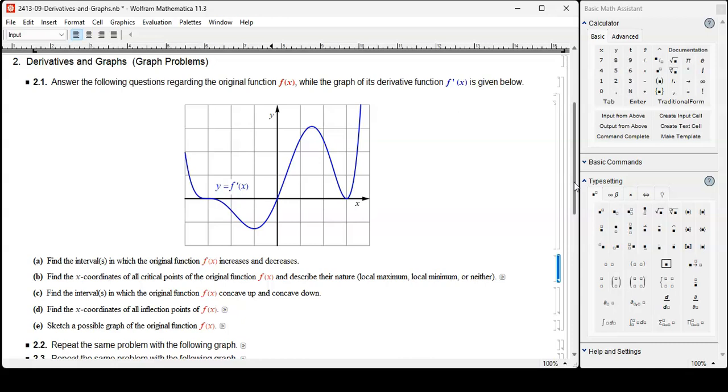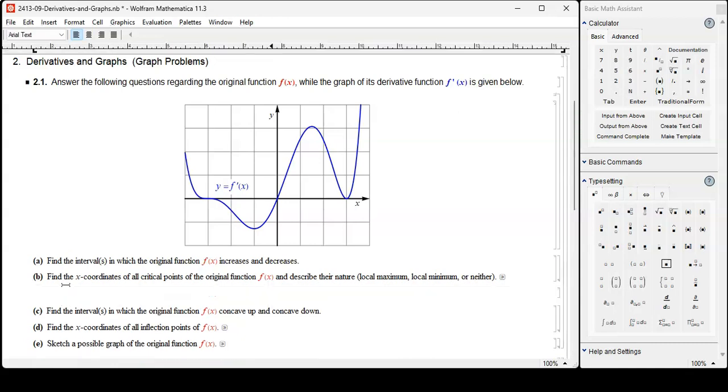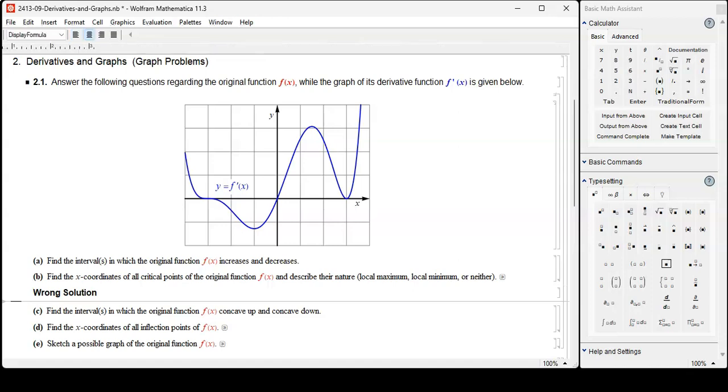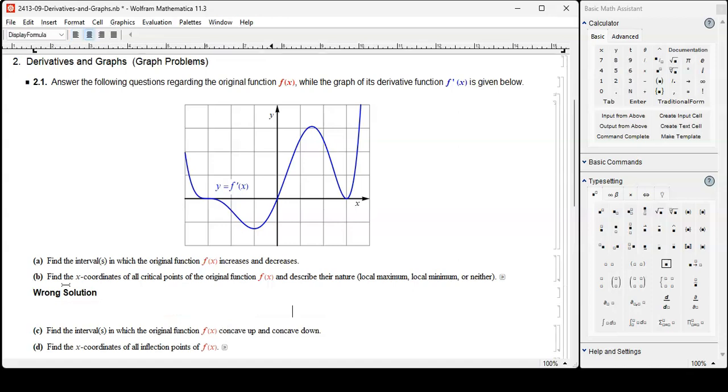Oh, before going over to part C and D, let me tell you just one more about wrong solution. I see this a lot. Decreasing in -∞ to -1.